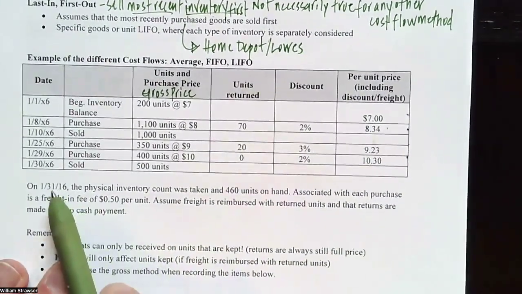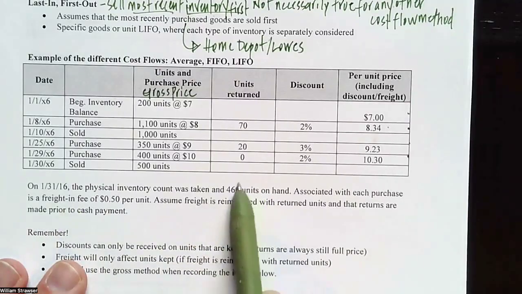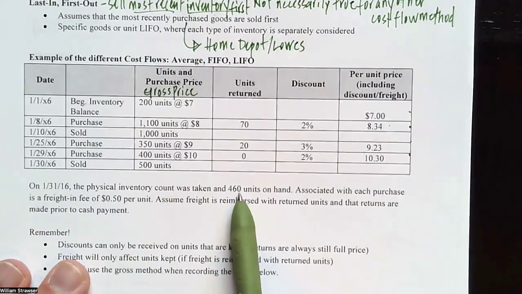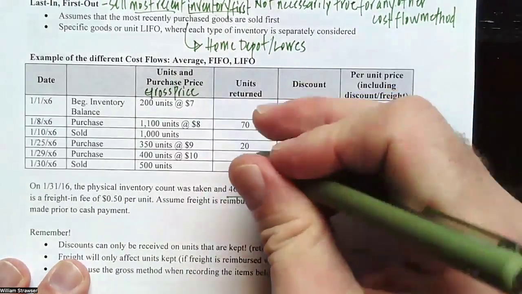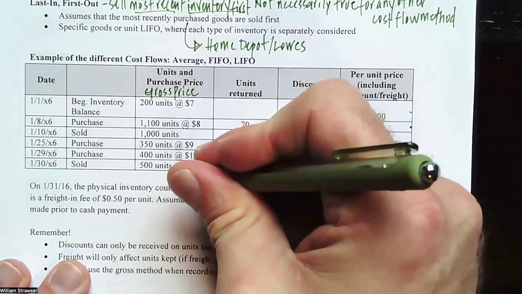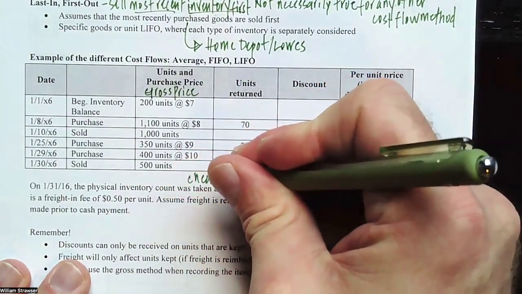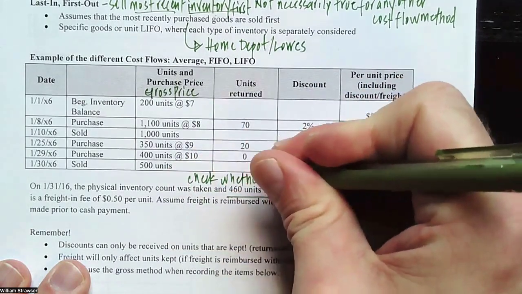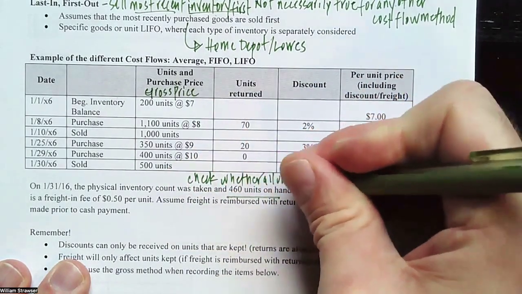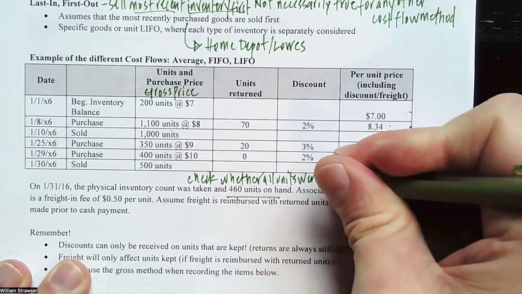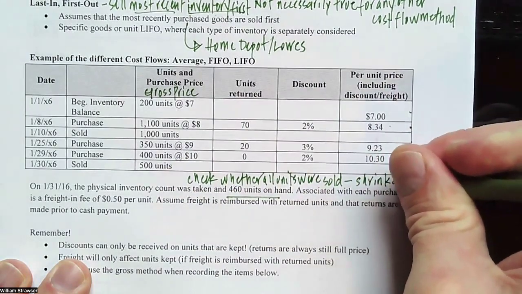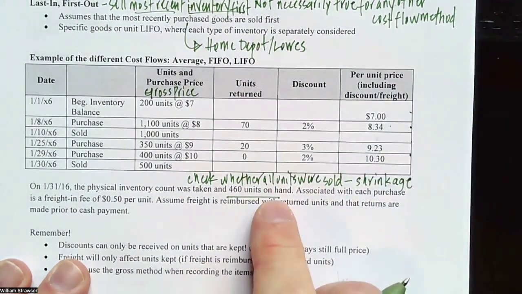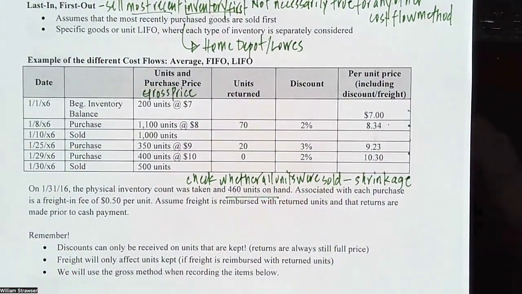So basically, I tell you that on January 31st, there were 460 units on hand. That is our physical count of units. Remember, of course, we always need to check whether all units were sold, and this would be for our shrinkage consideration. So anytime I tell you about the number of units on hand still, understand that that's a physical inventory count.